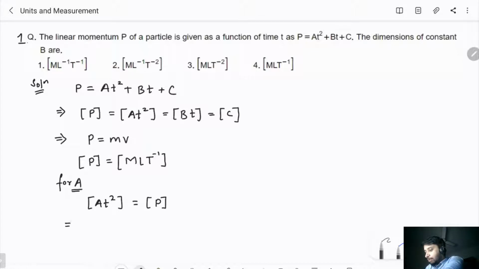Here the dimension of A is unknown, whereas t is time. So t square will have dimension T square, and p, which is linear momentum, has dimension M L T to the power minus 1, that we have already seen.